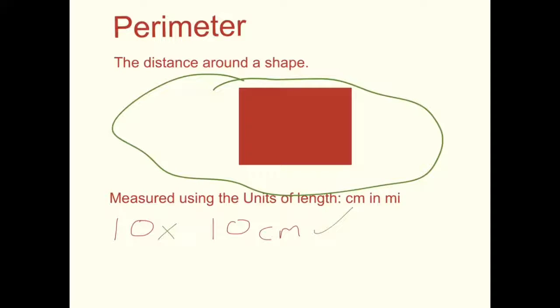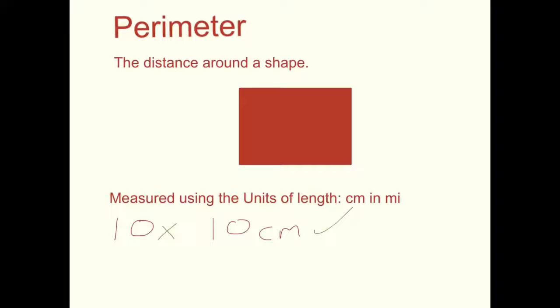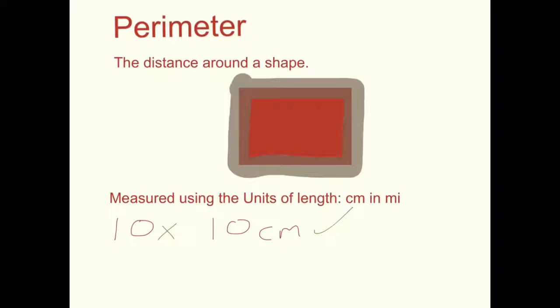What we mean is the shortest distance around a shape, which basically means if you imagine this red square here as being a football field or your garden, okay, the shortest distance around the shape would basically be following right around the shape on that line. Just imagine walking right around the edge of your garden.